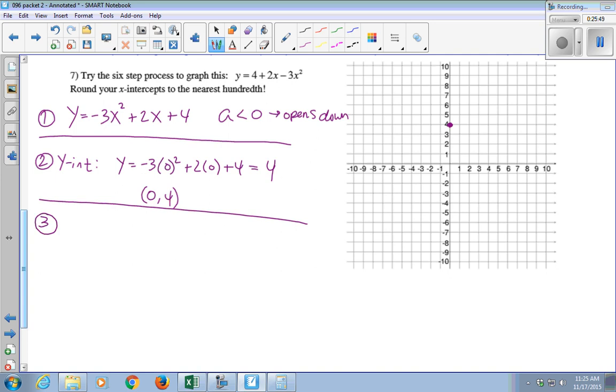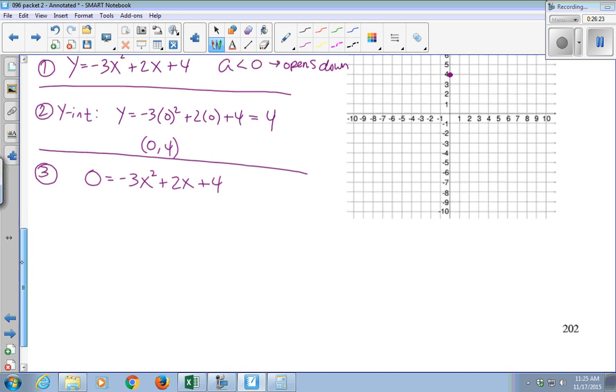Okay. Step 3, x-intercepts. So to find x-intercepts, make y 0. So I've got 0 = -3x squared plus 2x plus 4. I could try all day to factor that, but it turns out that you can't do it, right? So what do you do if factoring fails? The quadratic formula, yeah, quadratic formula.